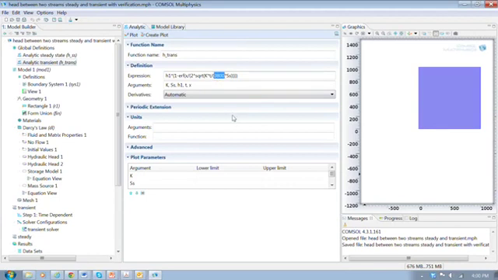So that's just a little twist that comes out of how these different terms are defined, but it's an important one to point out because you have to know that you have to get the units right in order for this expression to work out. So keep this in mind as you set up additional analytical expressions.